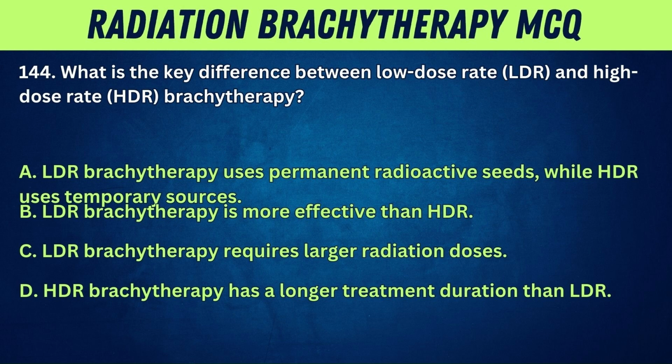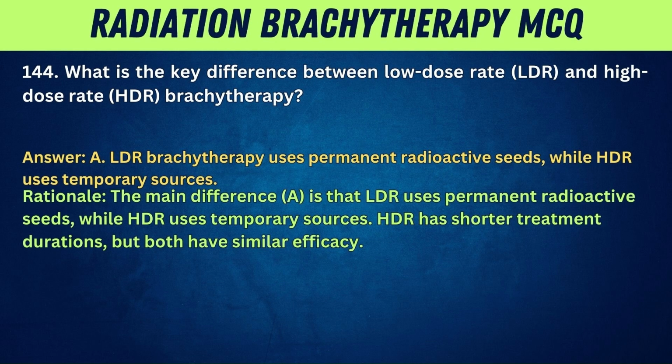D. HDR brachytherapy has a longer treatment duration than LDR. Answer: A. Rationale: the main difference, A, is that LDR uses permanent radioactive seeds, while HDR uses temporary sources. HDR has shorter treatment durations, but both have similar efficacy.